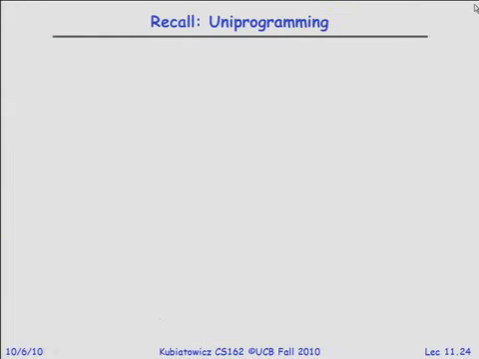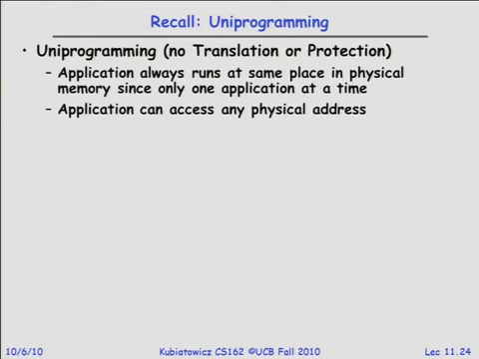So if we think back to uniprogramming, where there's one process, no translation, no protection, the application always runs at the same place in physical memory and has access to all addresses, that would look like this. Here's MS-DOS. The application is at some point in memory. The operating system is at some other point.